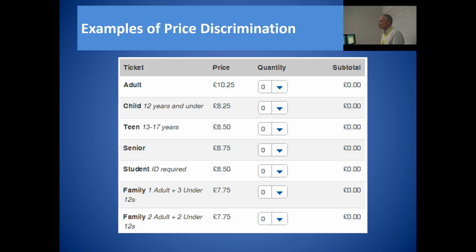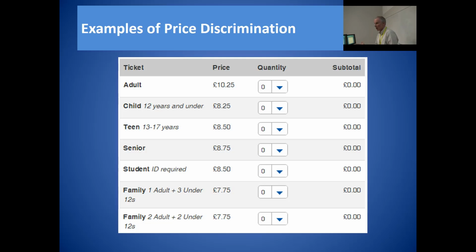So the cinema would charge you a lower price than it would charge me, and it's selling us exactly the same thing: a seat in the cinema to watch the exact same movie. Yet you get charged a lower price than me.